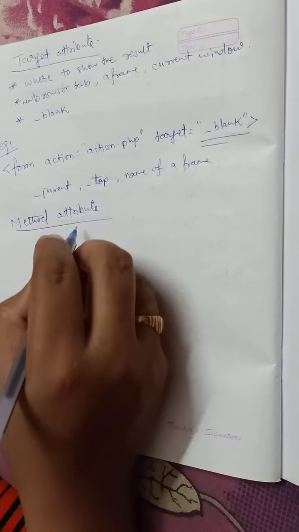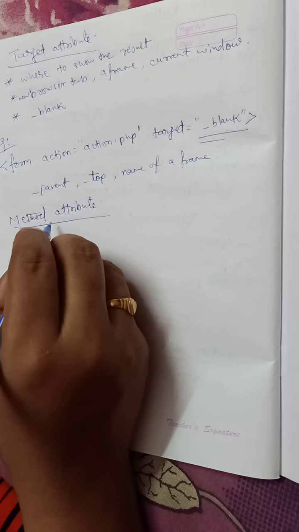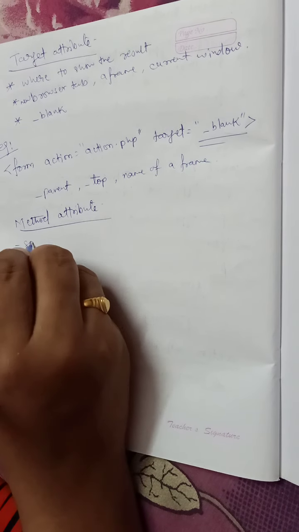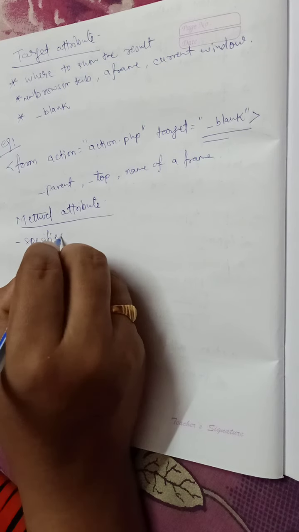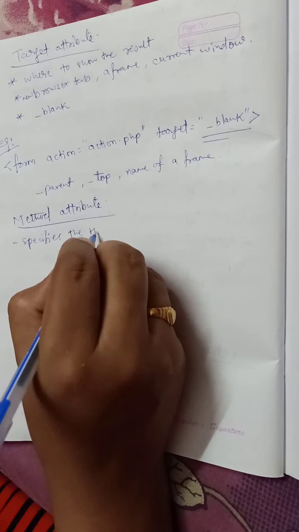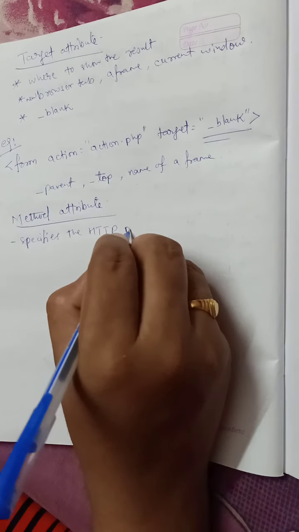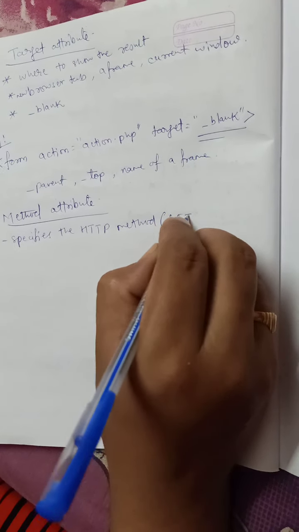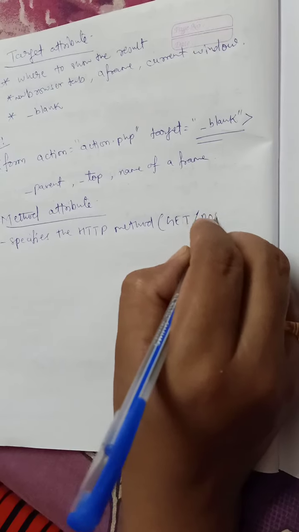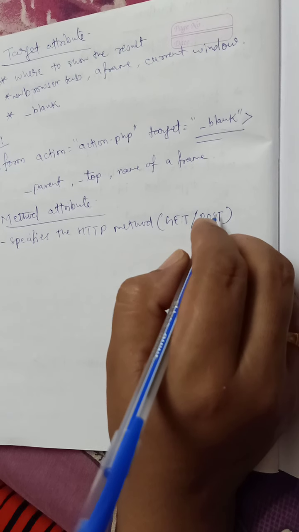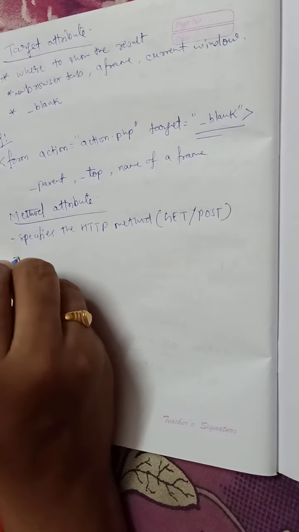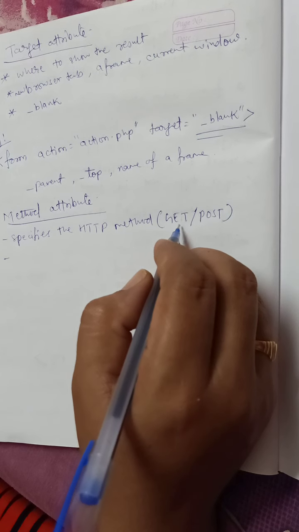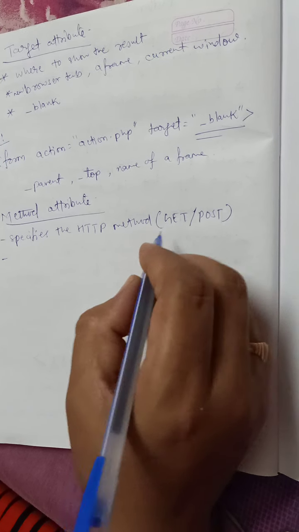Now coming to the method attribute. The method attribute specifies the HTTP method, that is get or post, which is used when submitting the form data.